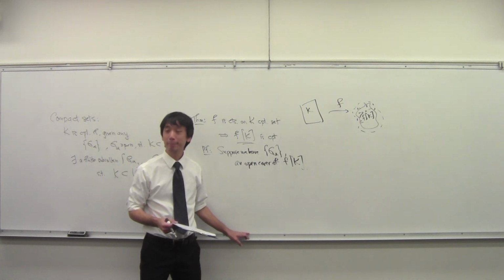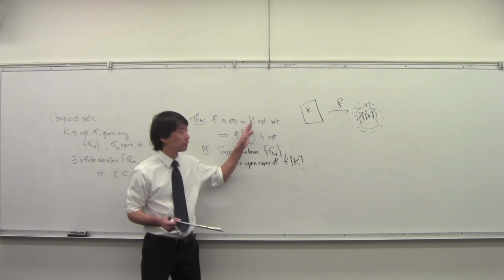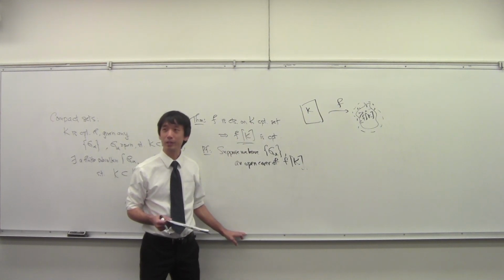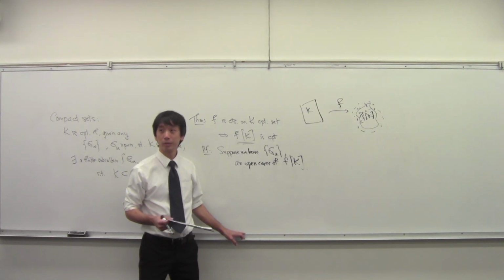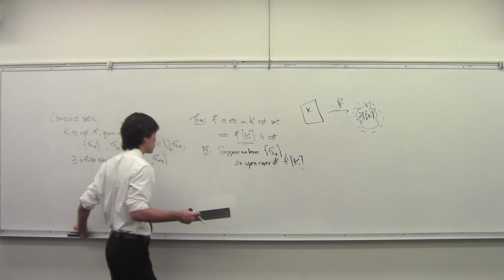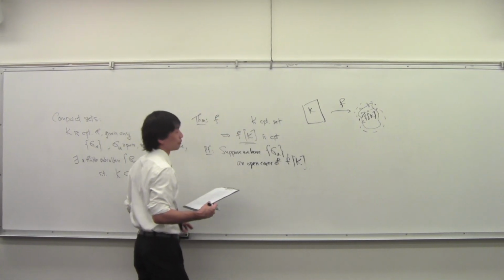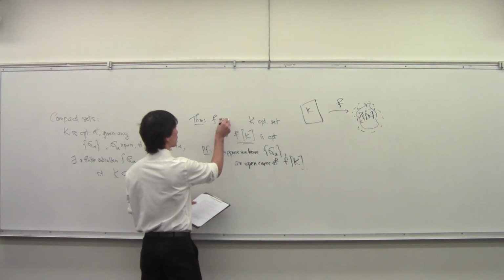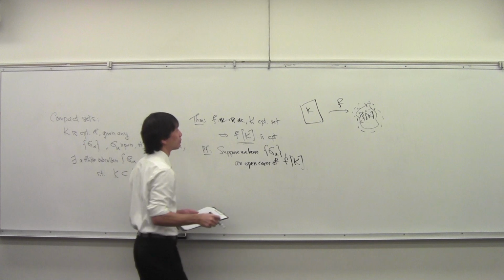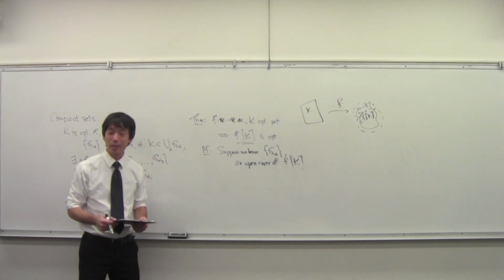I have a guess, but since it's a map, you can map that open cover back to K, and then you know that K is compact, so there's a finite subcover over K, and then you can remap that finite subcover back onto F of K. Exactly. Perfect.